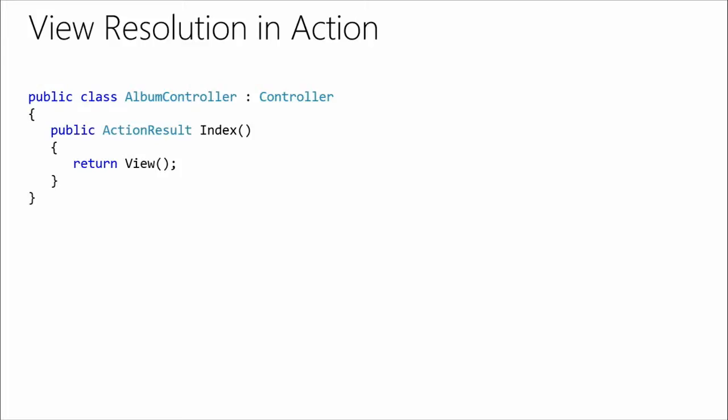And the basic steps that MVC is going to walk through to go find a particular view are as follows. If you take a look at my slide, I've got a basic little album controller here. And I have a very simple little action called index that's just going to return back a view. Now, again, it's all about convention. So the two words that are most important up here are album, because that's the name of our controller, and index, because that's the name of our action.